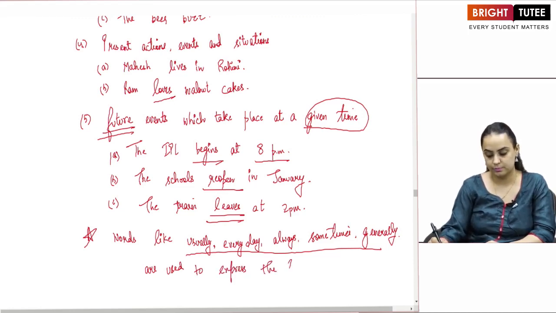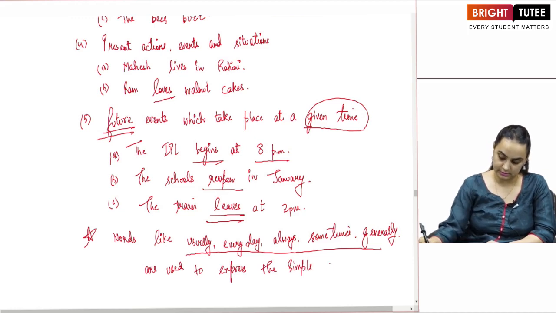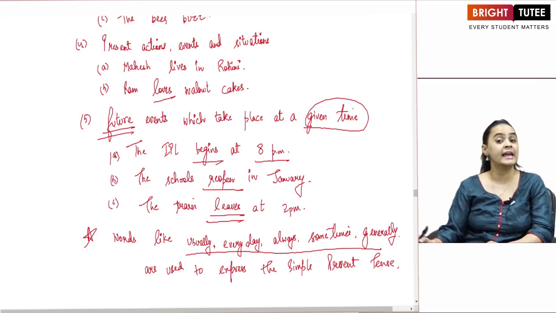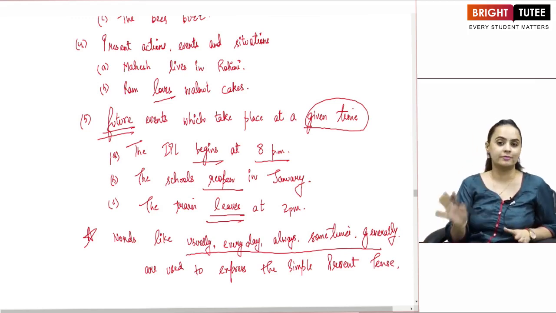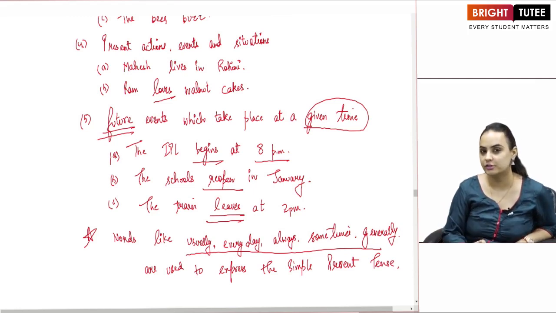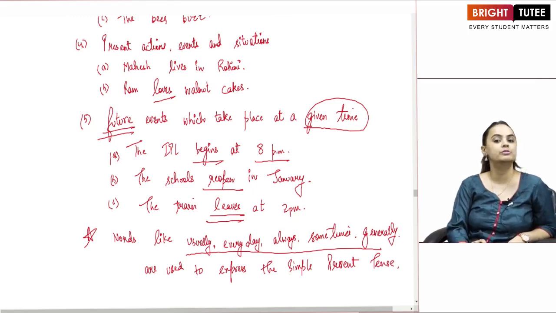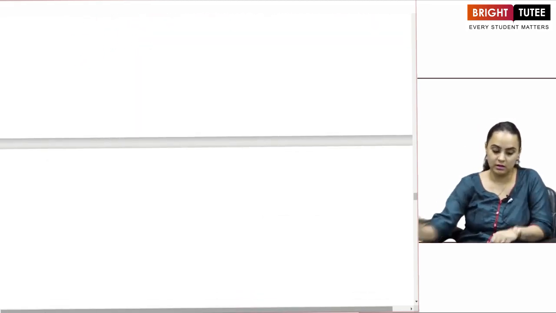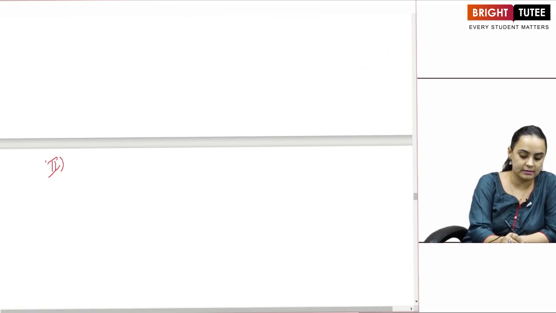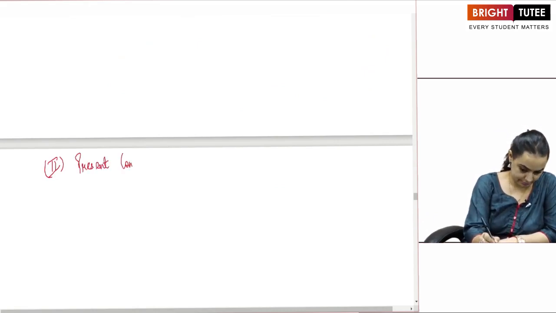The simple present tense. So, if you come across any such words in the sentence, you have to be sure that the only answer available to that is simple present. Now, let us move on to the next one. The second is present continuous tense.